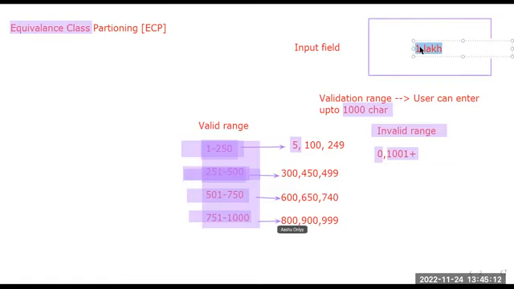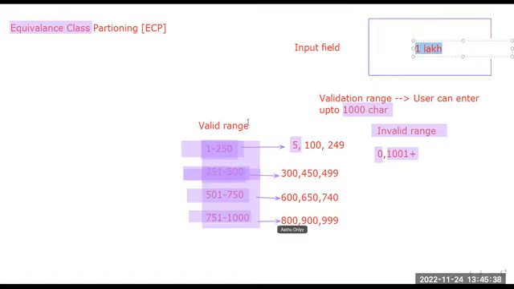We need to make sure it works for all the different ranges. If you apply just boundary value, you are testing only 0, 1, 1000 and 1001. That is four values, but here we have some maximum value, and we need to check in between whether this input field will accept or not.